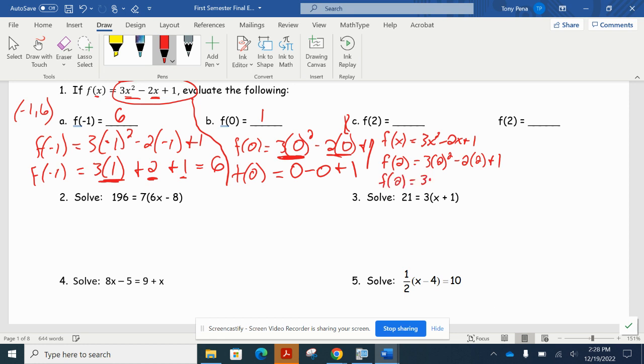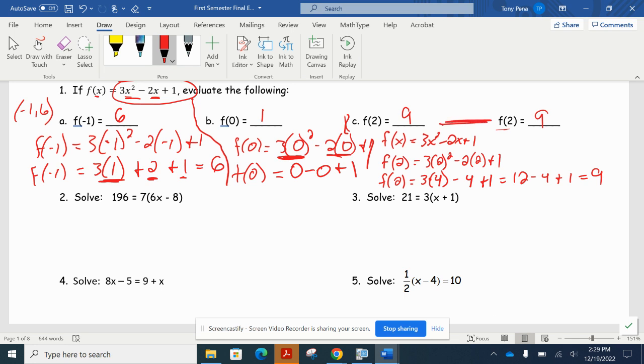So this would be 3 times 4 minus 4 plus a 1, which would then give you 12 minus 4 plus a 1. Combine all those guys, should get a 9. So f of 2 would be a 9 as well. It's obviously the same problem here.